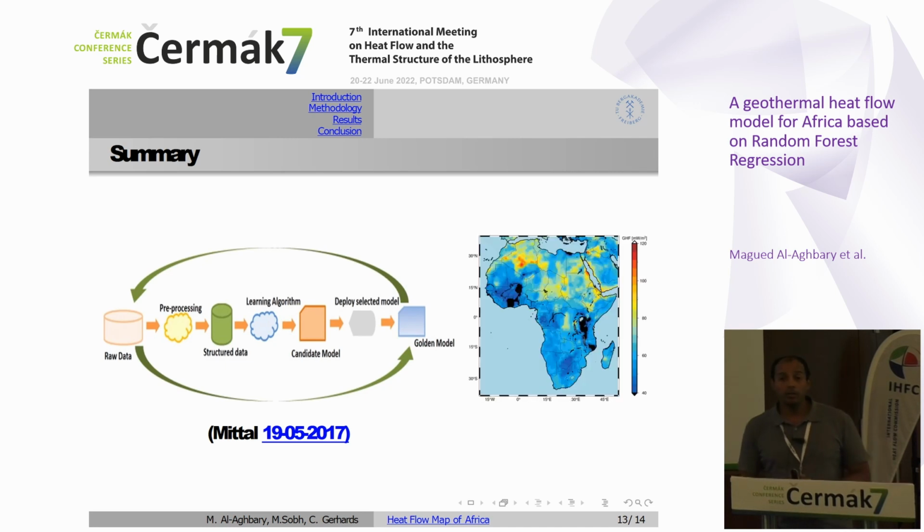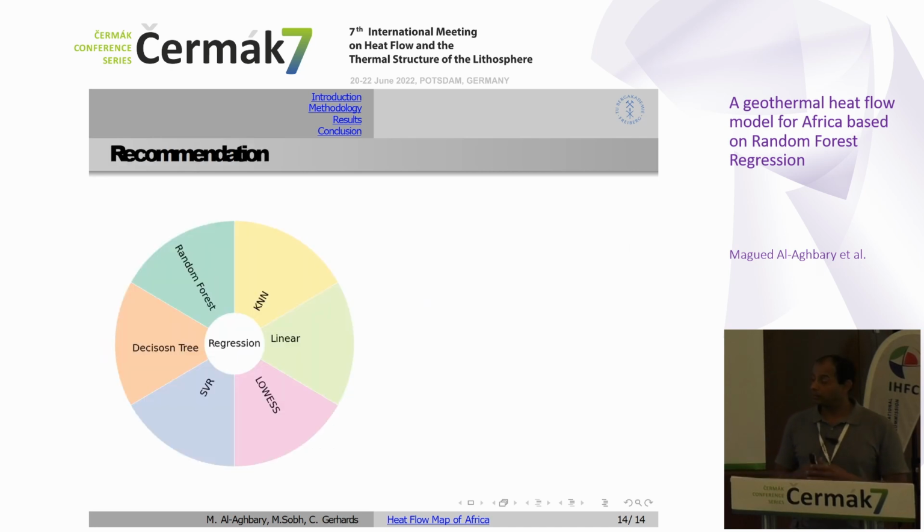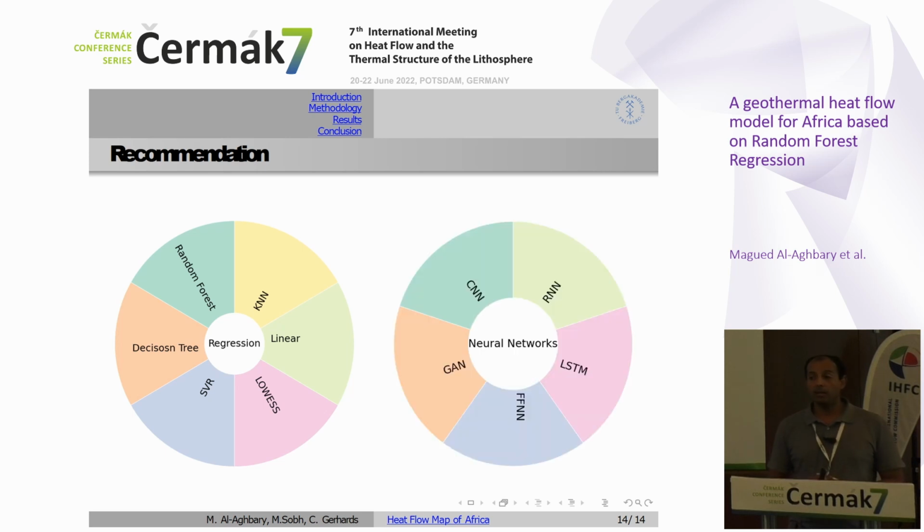Our recommendation, how we can go further: we have used random forest, which is a classical technique in the machine learning library, and the second step would be to use some sort of neural networks, because those techniques are able to fill the gap of missing data. Thank you so much.